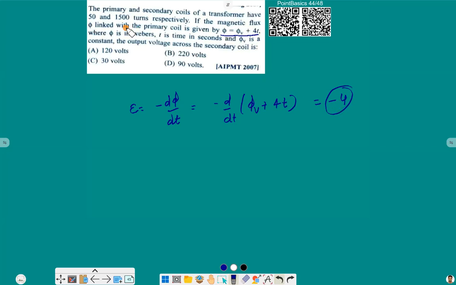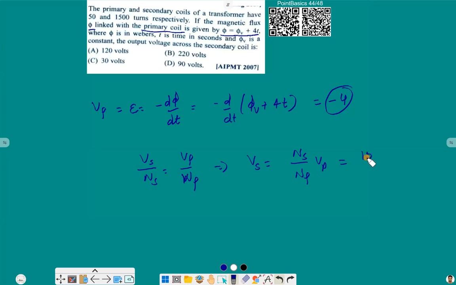Now this flux is linked with the primary coil. So we can say voltage of the primary coil is 4, and we have to find voltage across the secondary coil, and we know that voltage per unit turn is equal. So Vs by Ns is equal to Vp by Np, and from this secondary voltage will be Ns by Np into Vp.